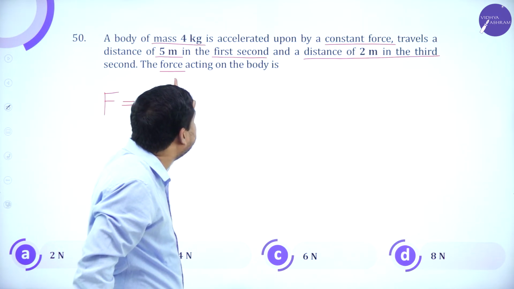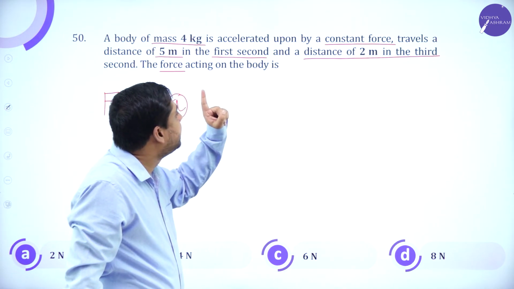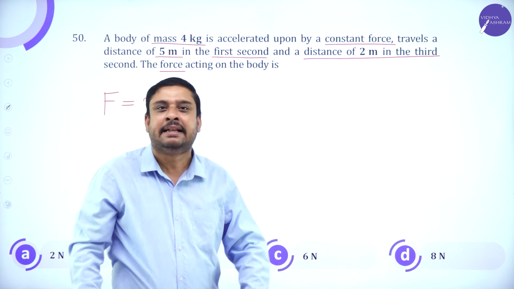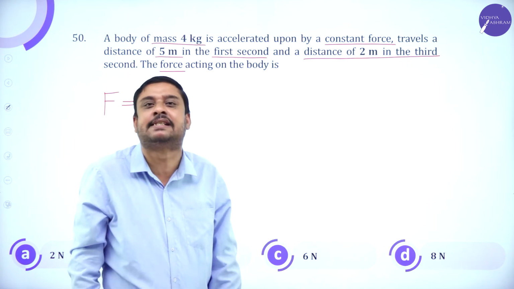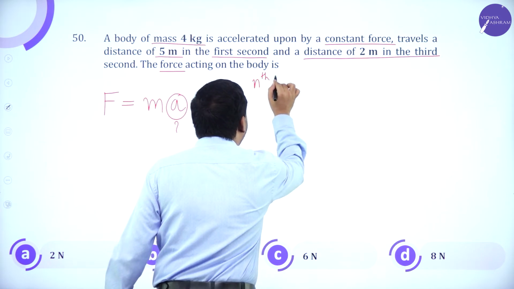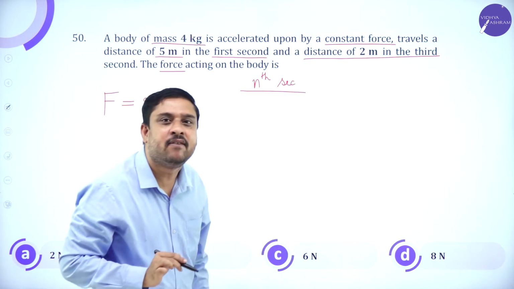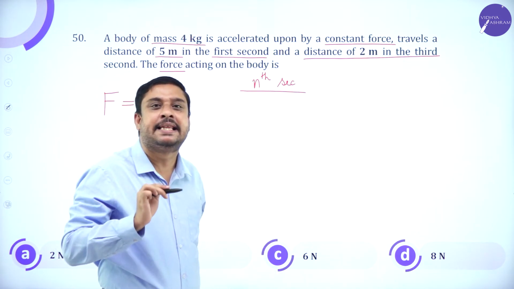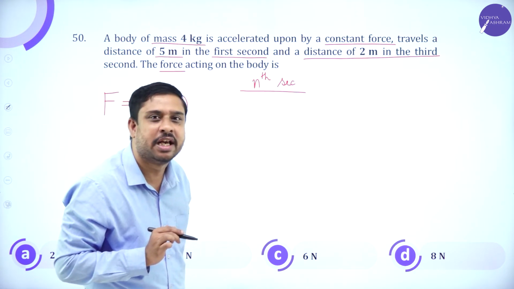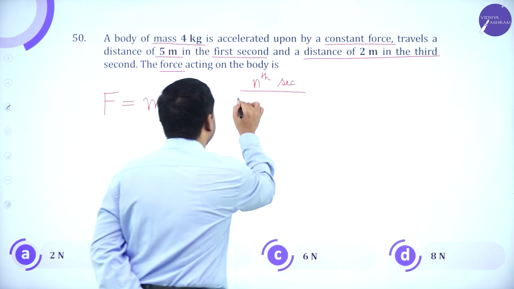Distance 5 meters in the first second and distance 2 meters in the third second. This is an exclusive example for motion in the nth second. What is the expression for distance traveled in the nth second?